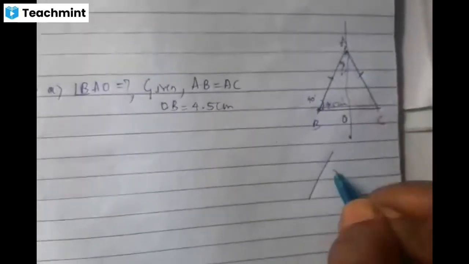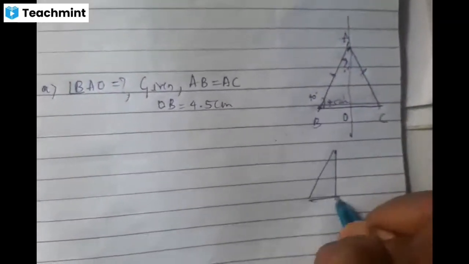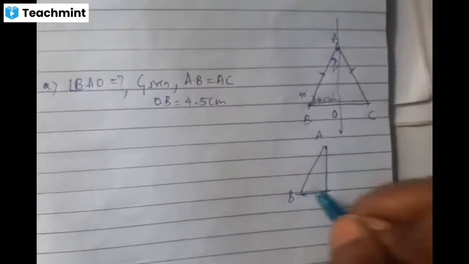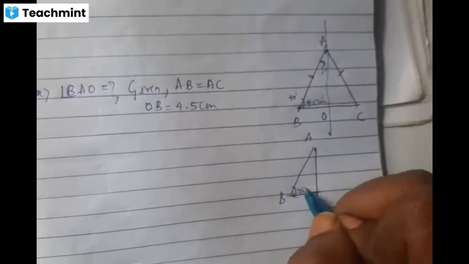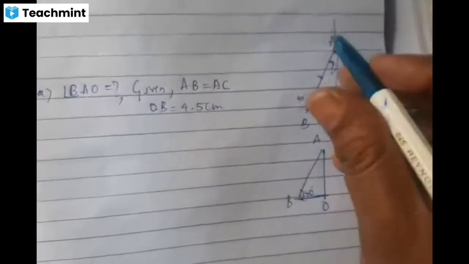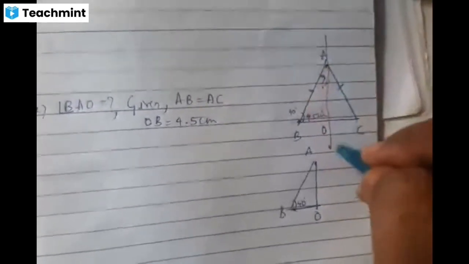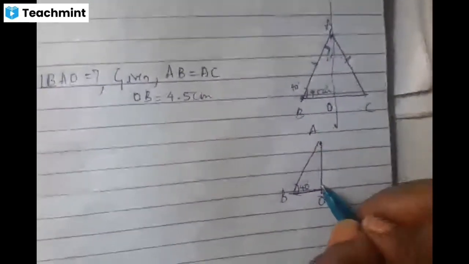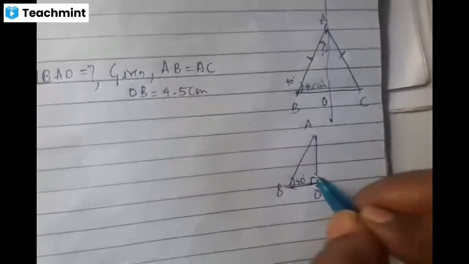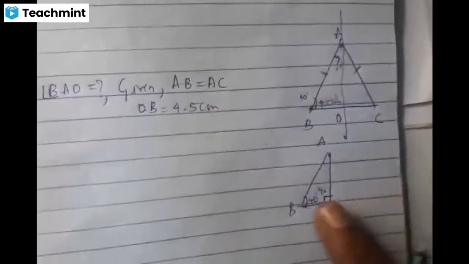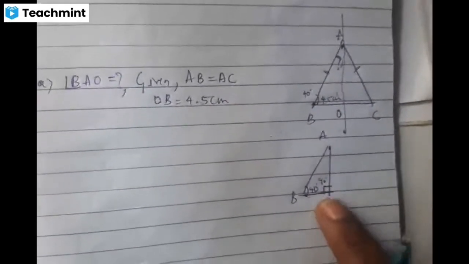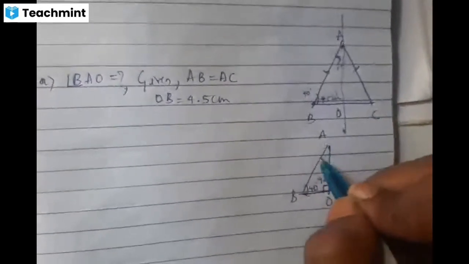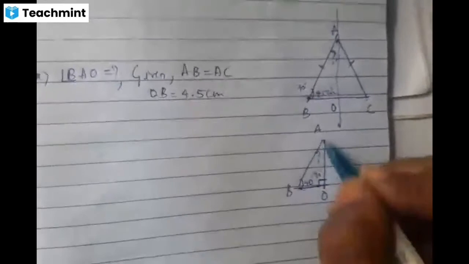So if this is a triangle, okay, A, B, O. In this, angle B is 40 degree. And we know according to the line of symmetry, this line of symmetry divides into two equal halves. And this will be perpendicular, isn't it? So this perpendicular means 90 degree. One is 90 degree, one is 40 degree. We have to find the other angle in a triangle.